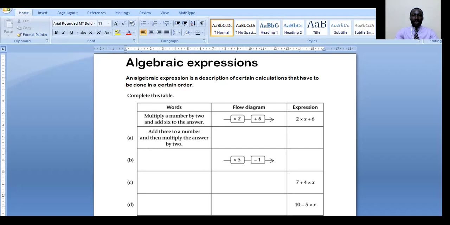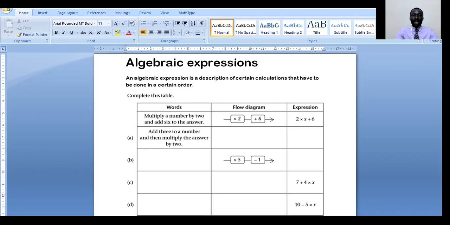There are some things that you cannot skip. There are some things that have to follow the other before they are done, so there is what you do first before you do the second thing. And in algebraic expressions, we also talk of it that way as a description of certain calculations that have to be done in a particular order.